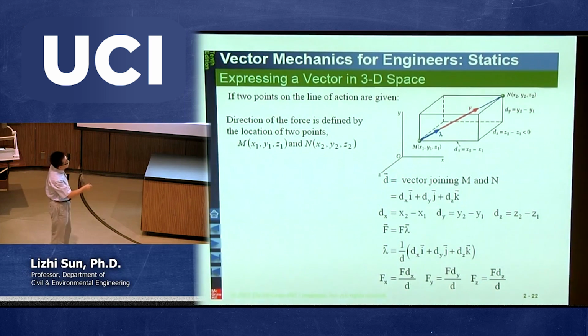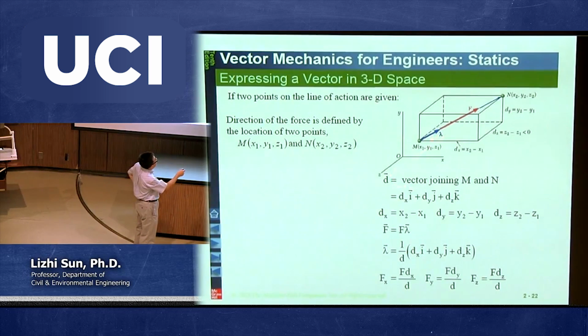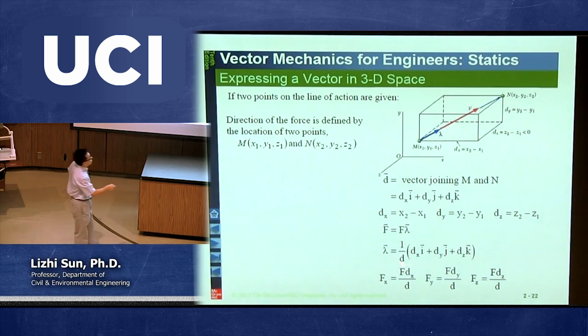But this distance vector is not a unit vector. So in order to get a unit vector, you need to divide it by the norm, the real distance from M to N. So originally you have the distance vector from M to N, which is right here, but you need to divide it by the distance from M to N, or the norm from M to N. How to get the distance? That's very easy.